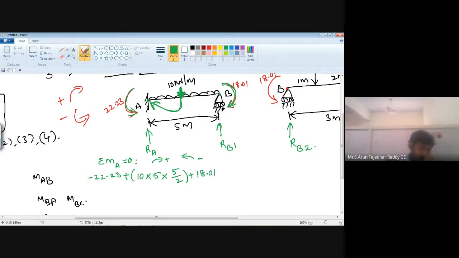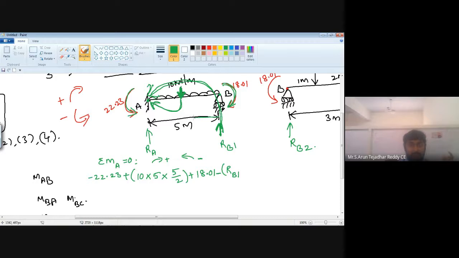18.01. Now at point B we have one reaction also, that is RB1, but how is it moving from point B to A, our movement about A? It is moving in this direction, that is anti-clockwise direction. Consider minus RB1. And what about the perpendicular distance from B to A?